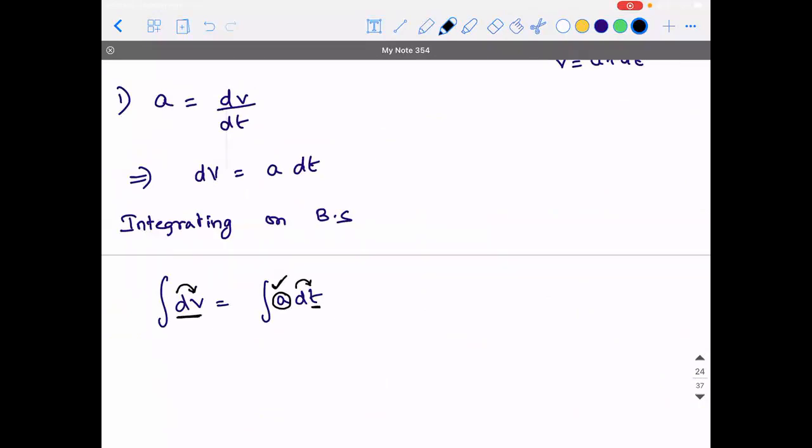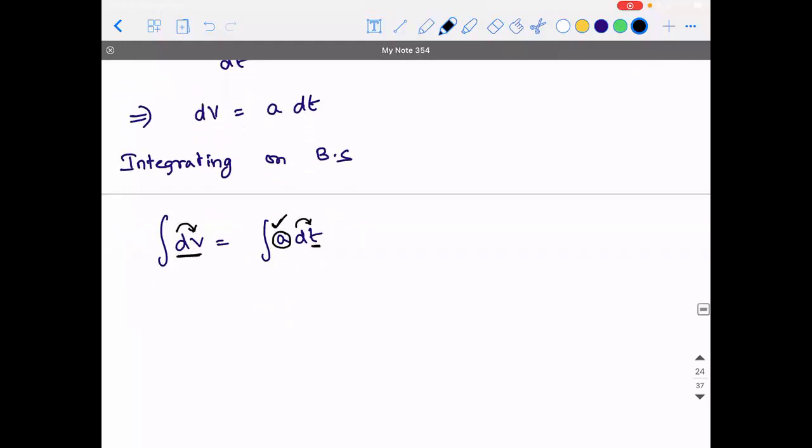Yes, sir. So whenever you have a constant multiplied with a variable, and whether you're differentiating, integrating, taking summation, or whatever you're doing, the constant can always be taken out and the integration can be done only for the variable. So what I'm trying to say is, integral of dv is equal to a into integral of dt.